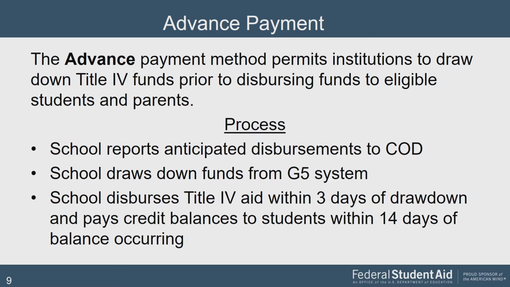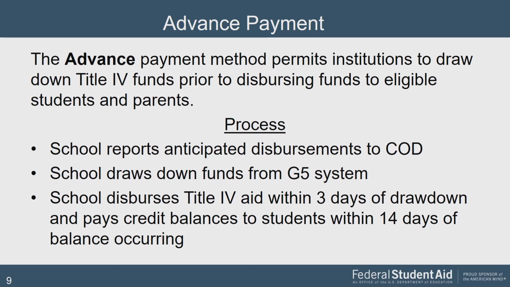Okay, this allows you that option to draw down because you're reporting records in COD, and on those anticipated disbursement dates, those students are transferring to the G5 system as far as amounts are concerned, and then you're allowed to draw down the funds from the G5 system.